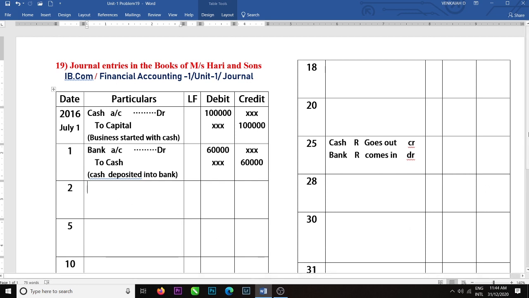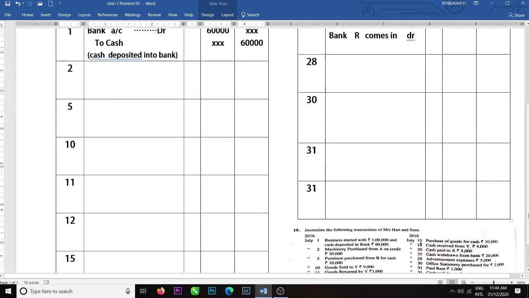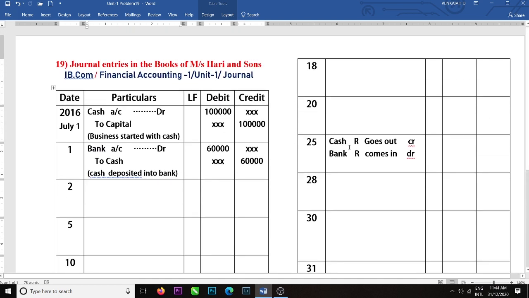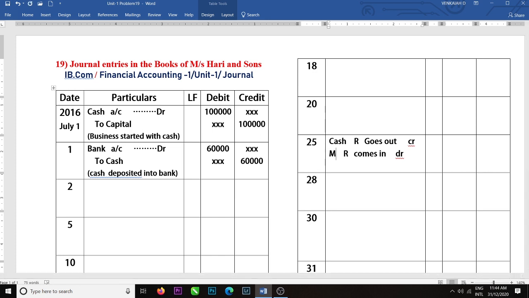Next entry. These problems are available on WhatsApp. Machinery purchased from A on credit. What did we purchase? Machinery. And from whom?